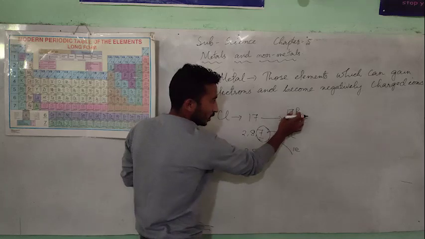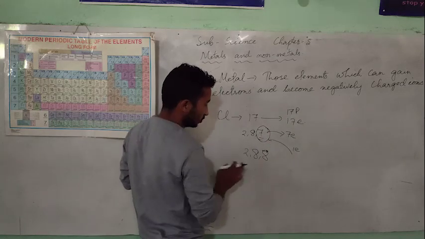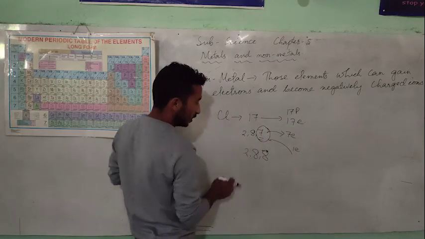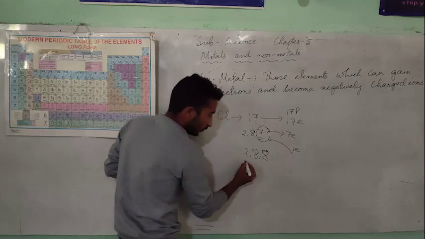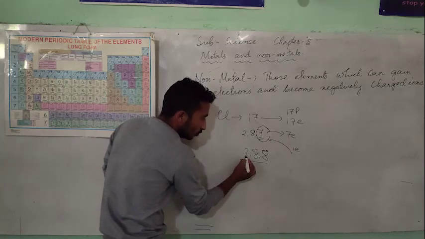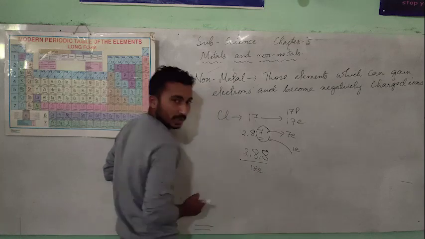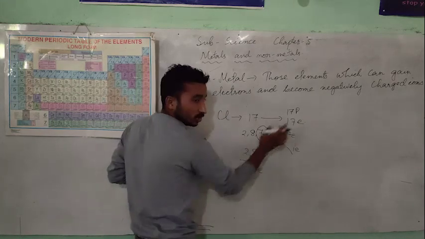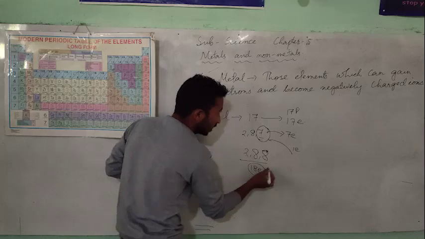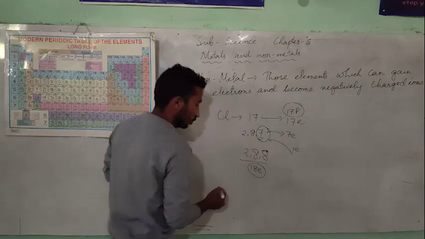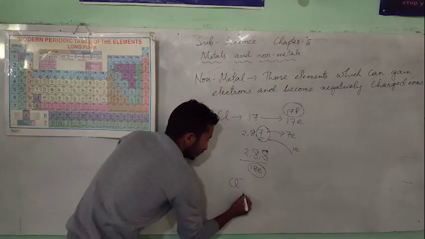Before, chlorine had 17 protons and 17 electrons, but after taking 1 electron from outside, the total number of electrons is 2 plus 8, 10, plus 8, 18 electrons. Now it has more electrons than protons, so chlorine becomes a negatively charged ion.